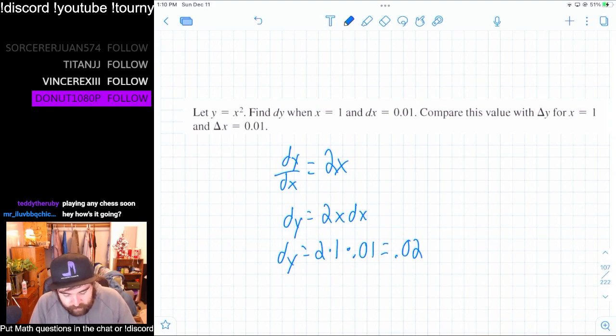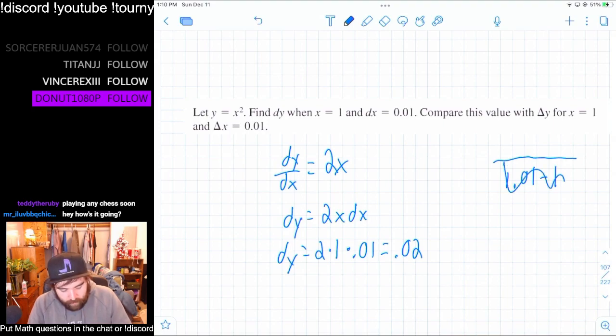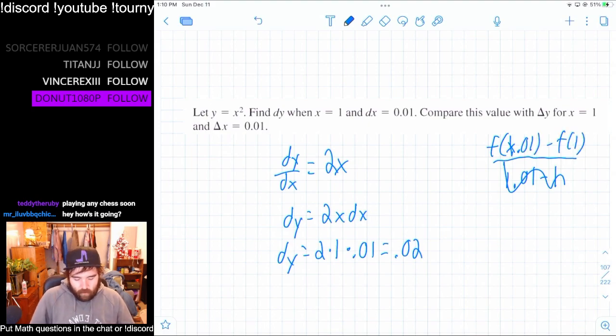So I guess they want us to find 1.01 minus 1, because x is changing by 0.01. They don't really want the slope. They just want the difference in the y values. So f of 1.01 minus f of 1. And then compare that to dy.